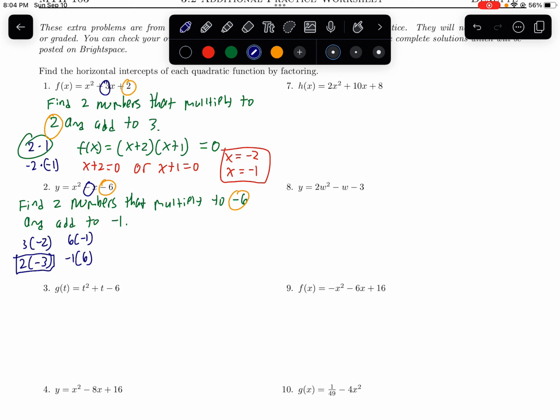And so f here would be x plus 2 and x minus 3. And so if we set this to 0, then x is -2 because x plus 2 has to be 0, and that has to be 0. So if we solve them, we have -2 and 3. So those would be your two horizontal intercepts.